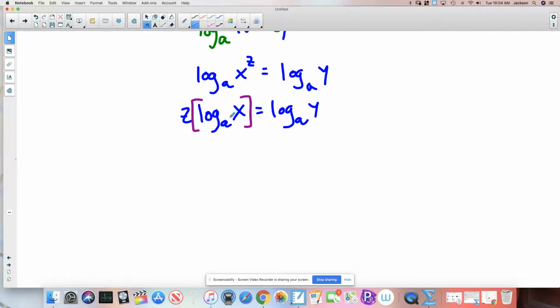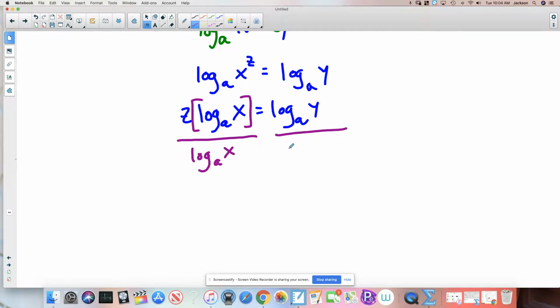Okay, so what that means is, if this was a 4, I could divide both sides of this equation by 4. So we have to train ourselves to view this entire logarithmic package as one value. And if it does represent one value, then I can divide by it, right? I can divide this entire product by log base a of x.